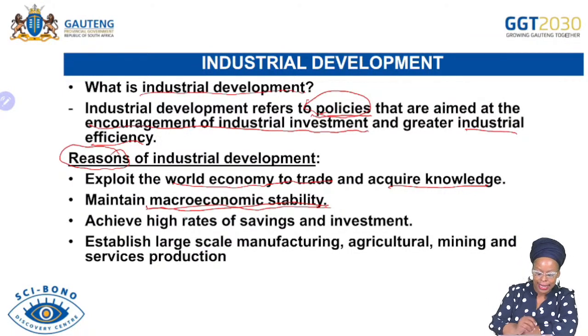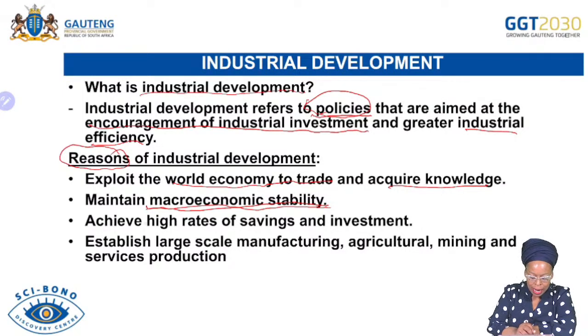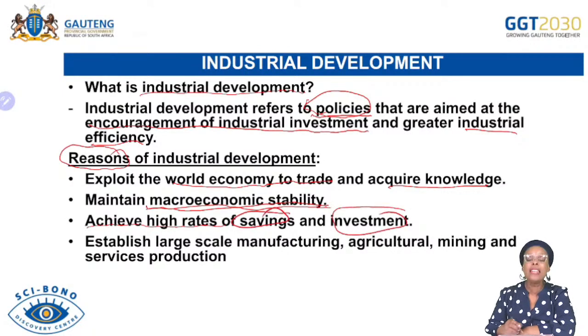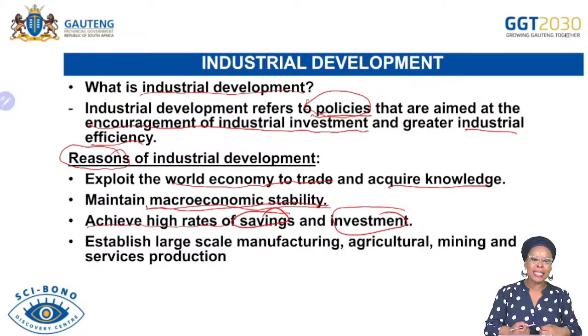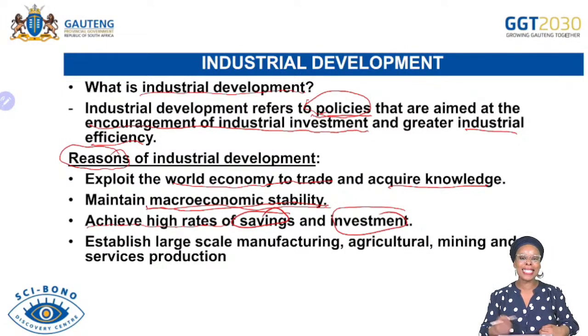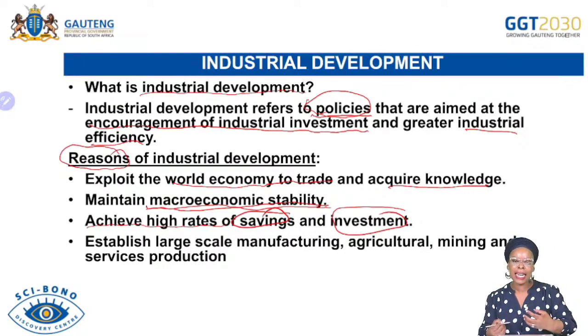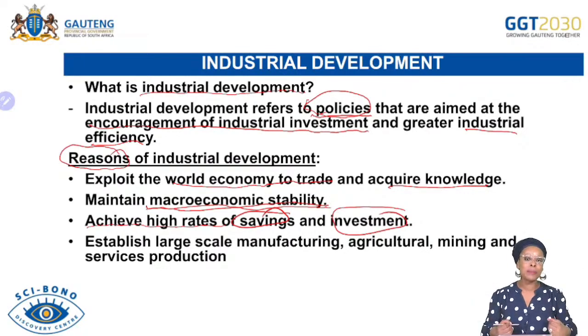Another reason is that with industrial development, we want to achieve high rates of savings and investment. Remember, when these industries are established, it is because there is an investment. Where are investments generated from? They are generated from savings.